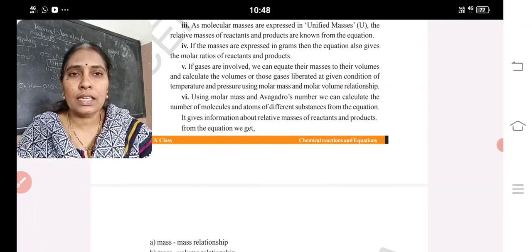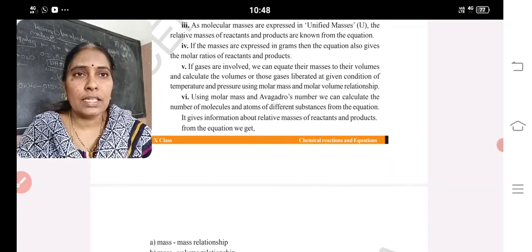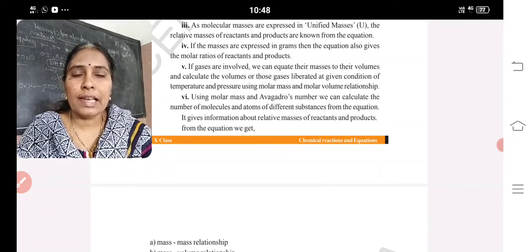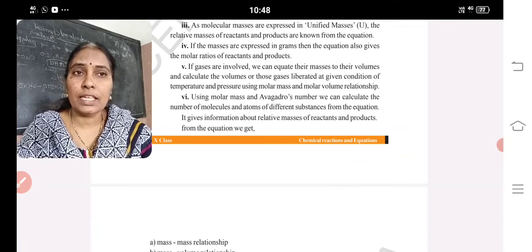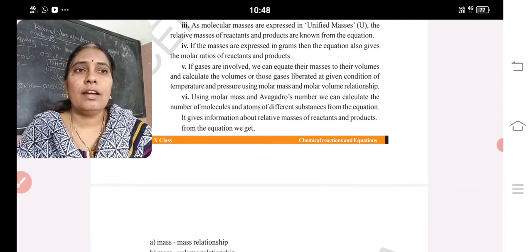So what is being asked? A chemical equation gives information about reactants and products. If they are expressed in unified mass, then relative masses of reactants and products are known from the equation. If they are expressed in grams, the equation gives information about molar ratios. If a gas is evolved, we can equate it with a volume relation.